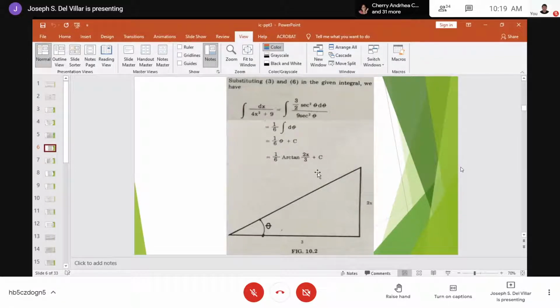Arctangent of this, you cannot solve that anymore as is. So 1/6 arctan quantity 2x over 3 plus c. Any questions dito kung bakit ito na lang natira? Kasi may secant squared sa taas, may secant squared sa baba, you can cancel that out. But except yung d theta, huwag niyong tatanggalin yung d theta.